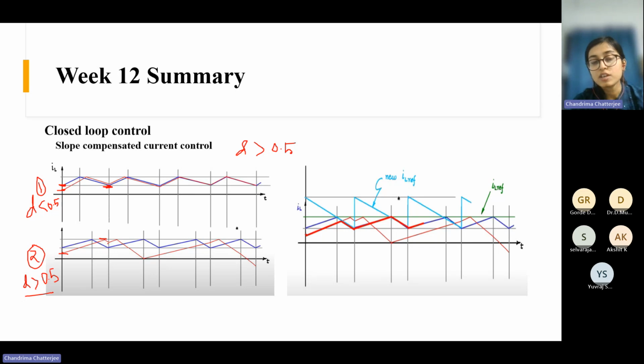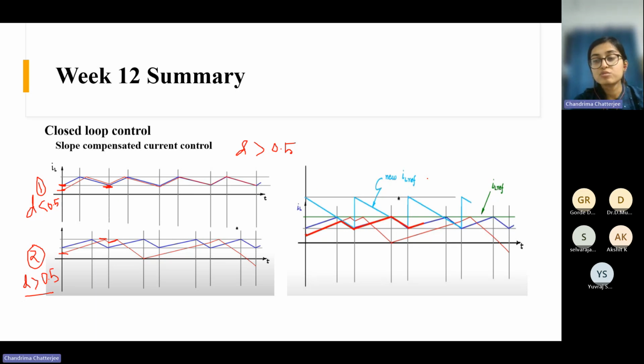Again the clock comes, it starts rising, and again here it hits the limit and starts falling like this. So the current will become unstable like this for d greater than 0.5.